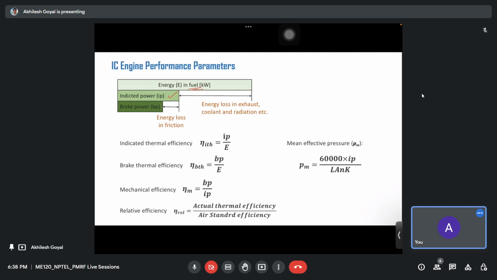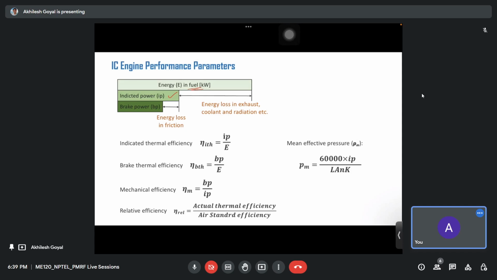the brake power. So we can see here, of the total energy of the fuel, the major part is lost, and we get the indicated power at the piston, and from this indicated power we get only the brake power at the shaft, and a small part is lost in friction.